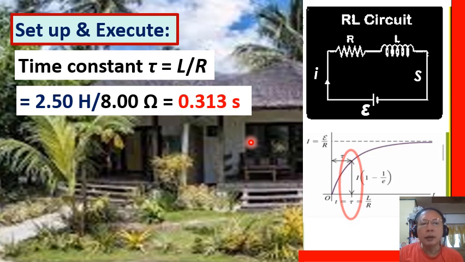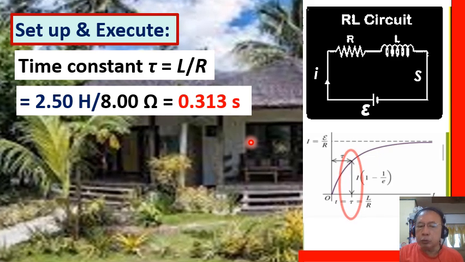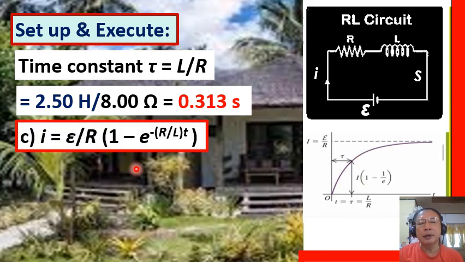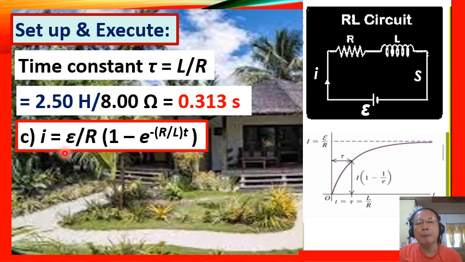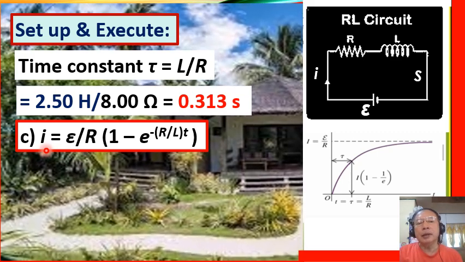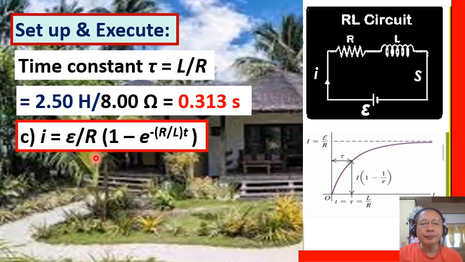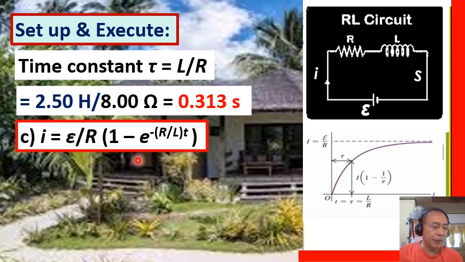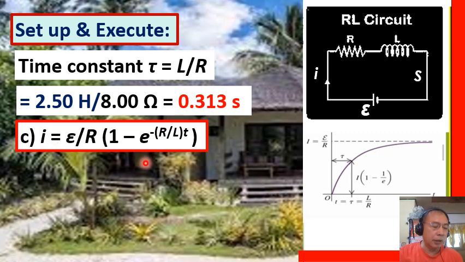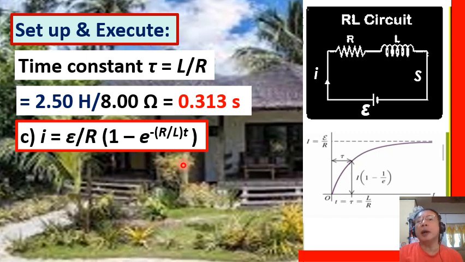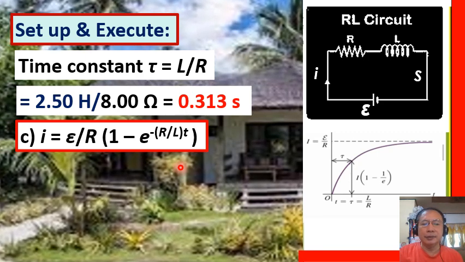Now, moving on to question letter C, where we are asked to find the current small i at an instant t equals 0.250 second.